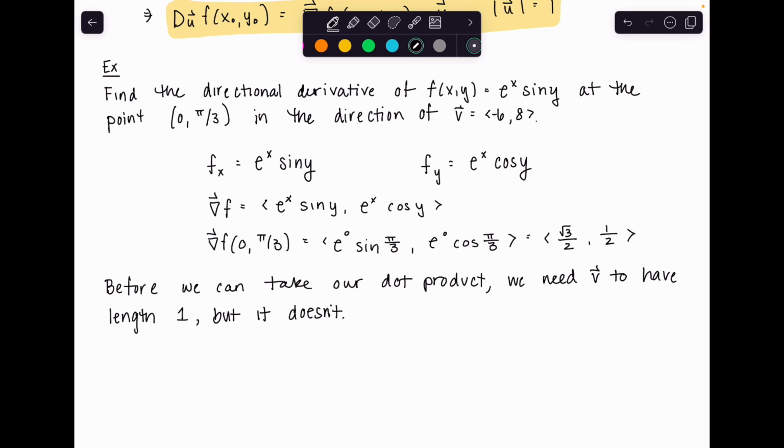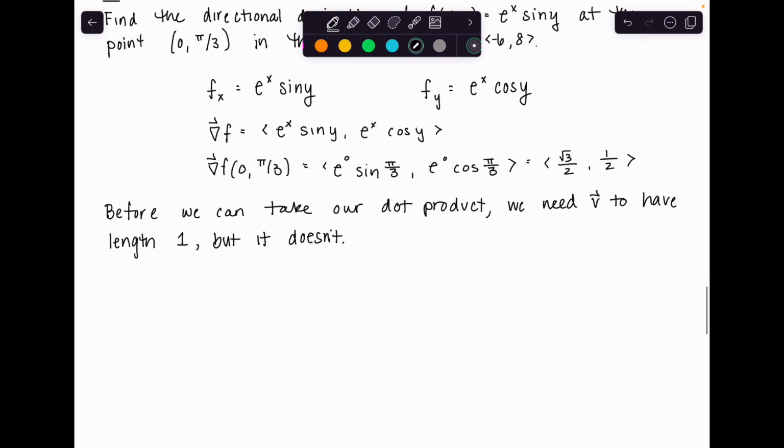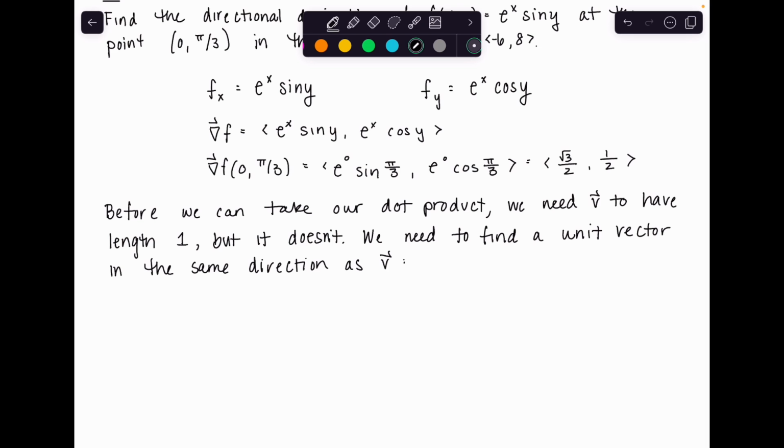So what I want to do is find a unit vector that's in the same direction as v. All we do to find that unit vector is take v and divide it by its length.